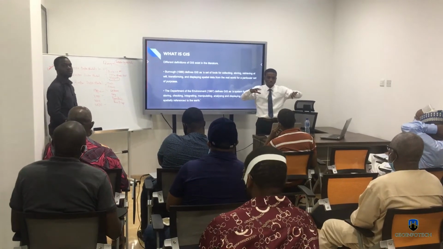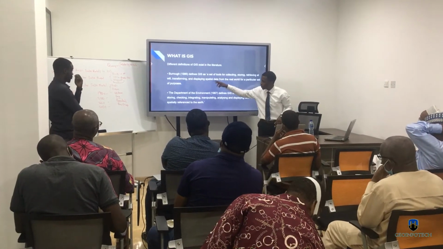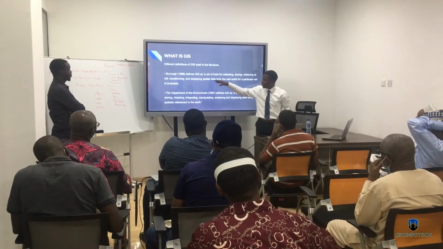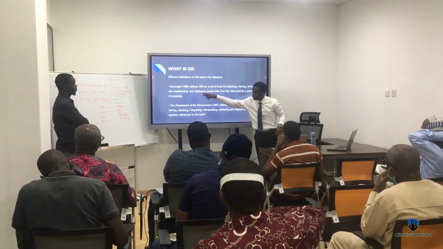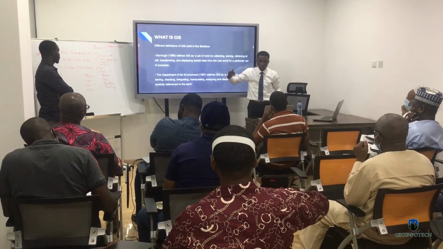So far as those pieces of information can be located somewhere on the earth's surface, they are spatial data. At the end of it all, you transform and display this spatial data in the form of a map.